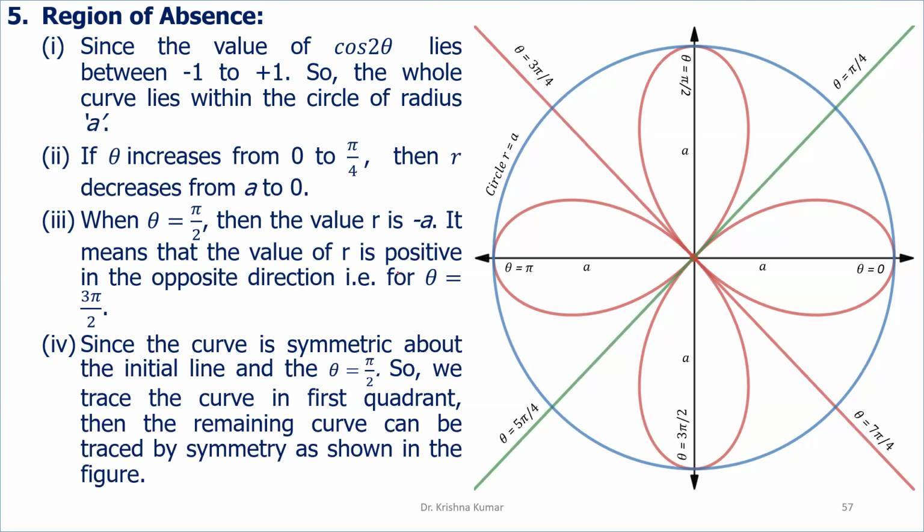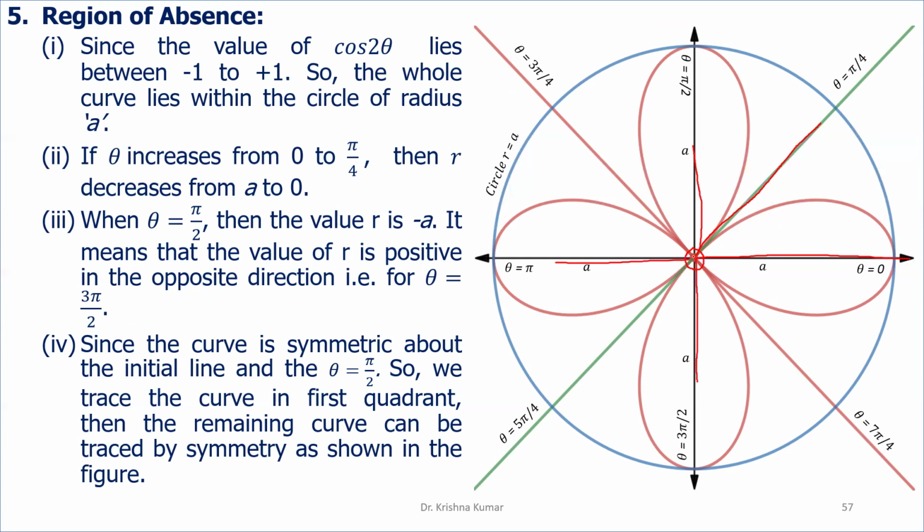The first point: does this curve pass through the pole? Yes, the curve passes through the pole. What is the tangent at the pole? The first tangent is the line theta equal to pi by 4. First we have to draw theta equal to 0, theta equal to pi by 2, theta equal to pi, and theta equal to 3 pi by 2.